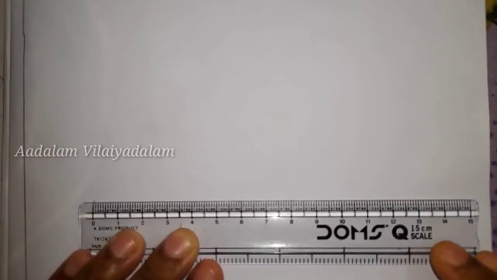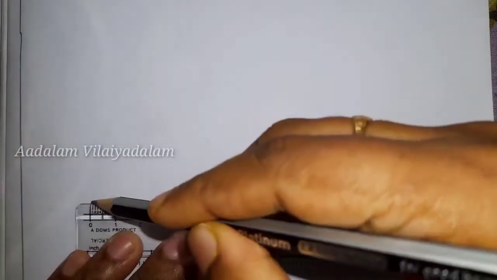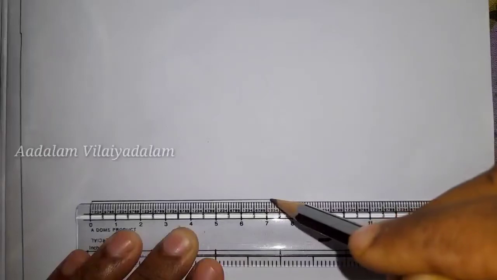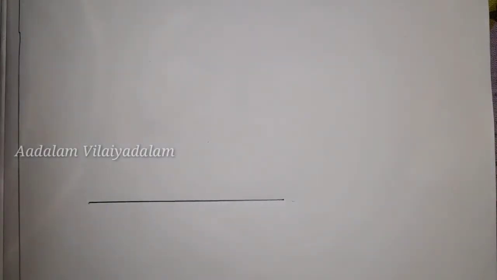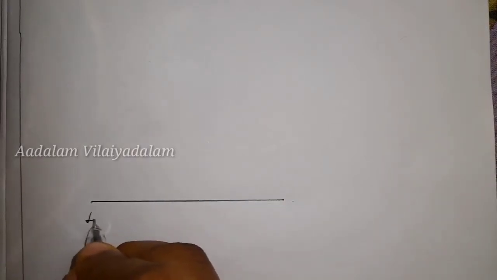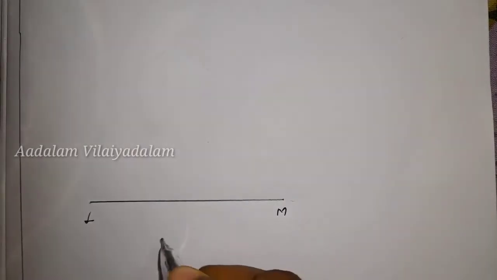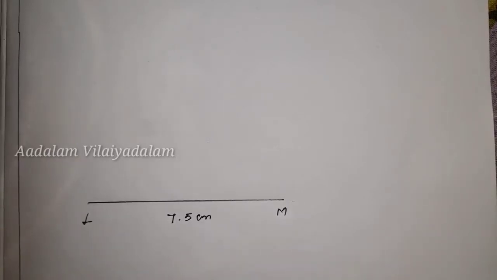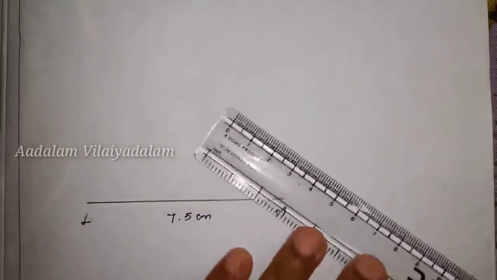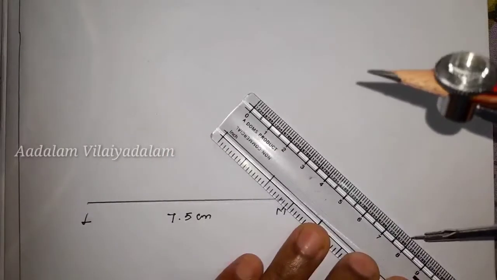Form a triangle with the given measurement. First draw the line segment LM, 7.5 centimeter. So LN distance is 8 centimeter. Take the compass, 8 cm measurement only.